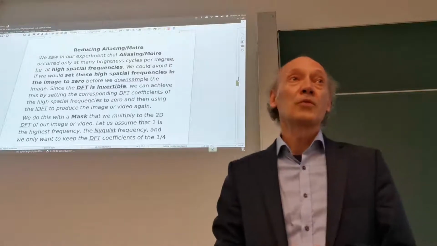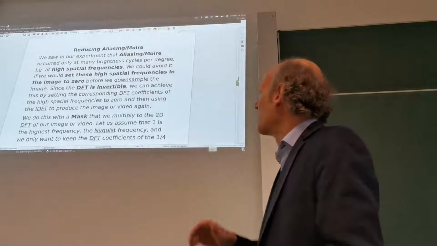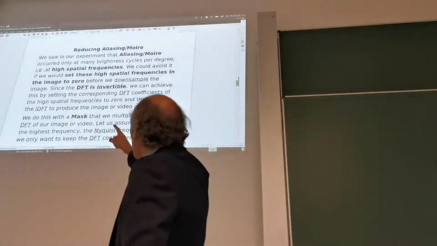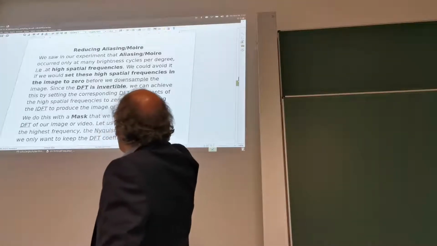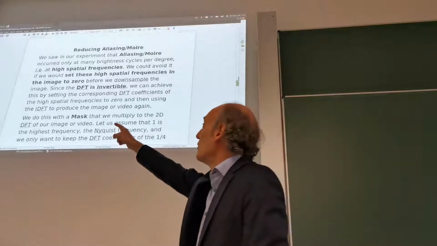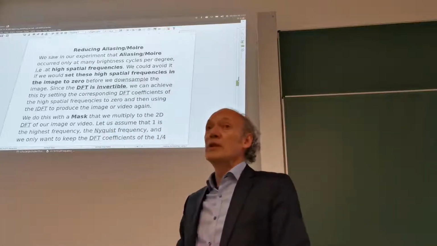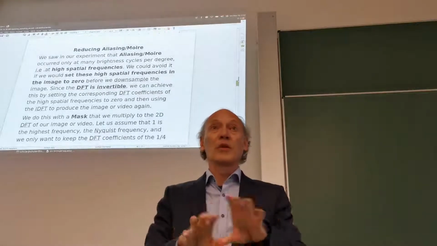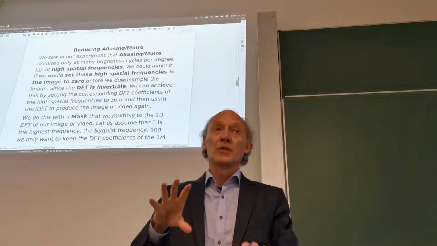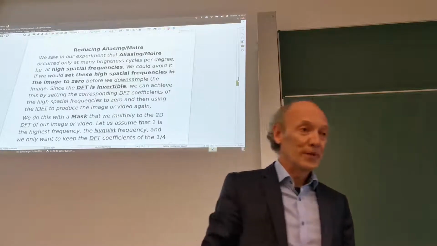We have the coefficients which belong to those high frequencies, and we can simply set them to 0, and then use the inverse DFT to produce the resulting image or video again, this time without those high frequencies. So we slightly modify our image or video before we do the downsampling to avoid aliasing.